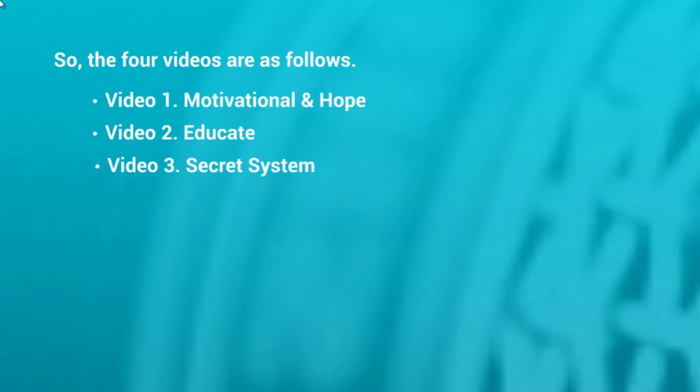And that's where we bring in video number three, which is the secret system. The secret system is essentially your secret. What is your solution? Your blueprint? What is your secret sauce that you have discovered that other people have not? But at this point in time, remember, you're not necessarily selling just yet.